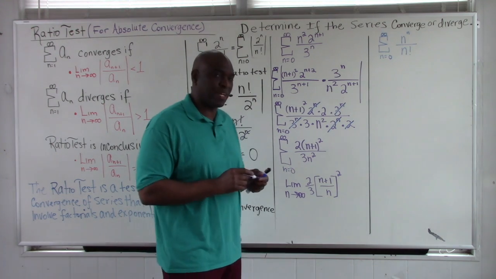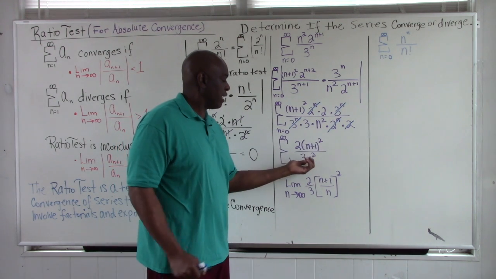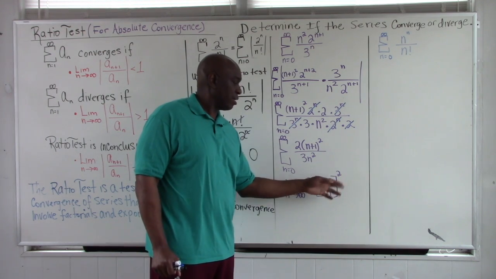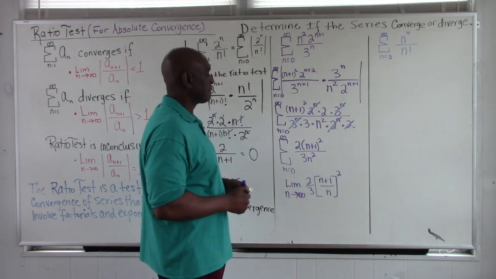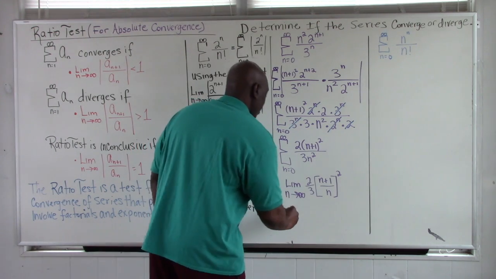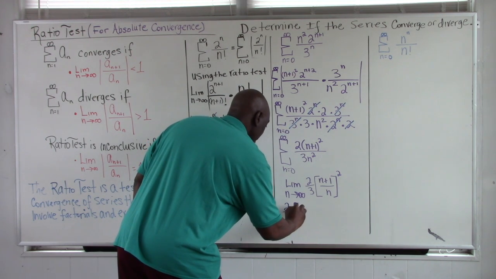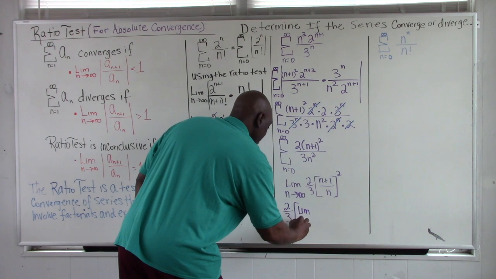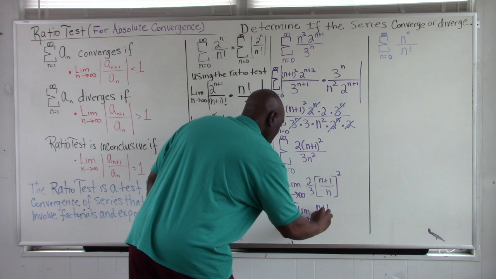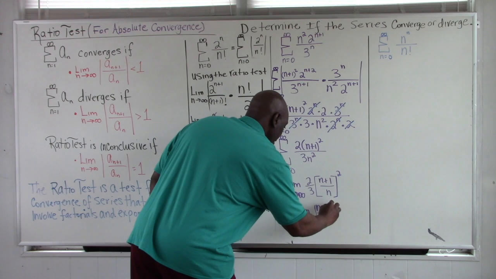Yep, write it like that. Write n plus 1 quantity squared divided by n squared as n plus 1 divided by n, and that quantity is also squared. Okay? And the 2/3 you can take out, and you can write it as 2/3 times the limit as n goes to infinity of n plus 1 over n quantity squared.